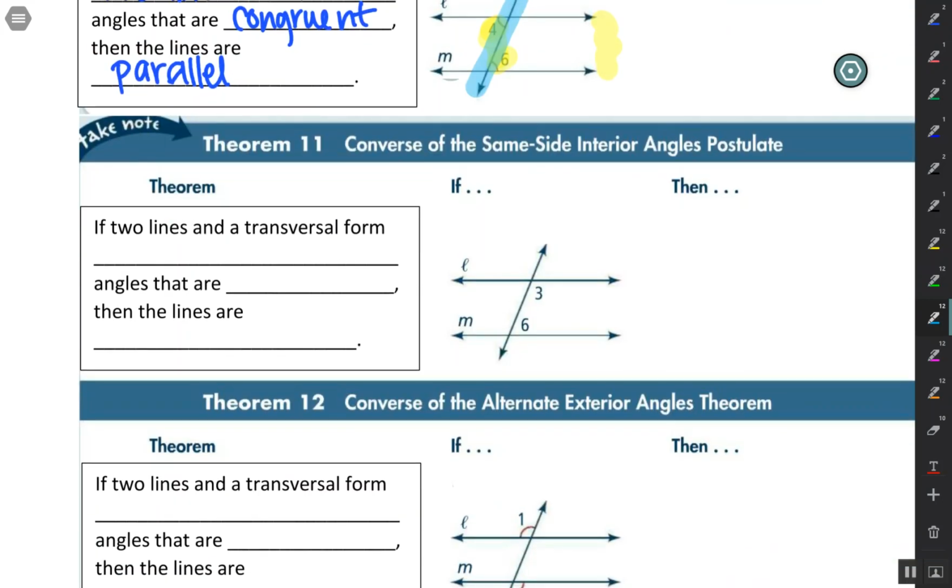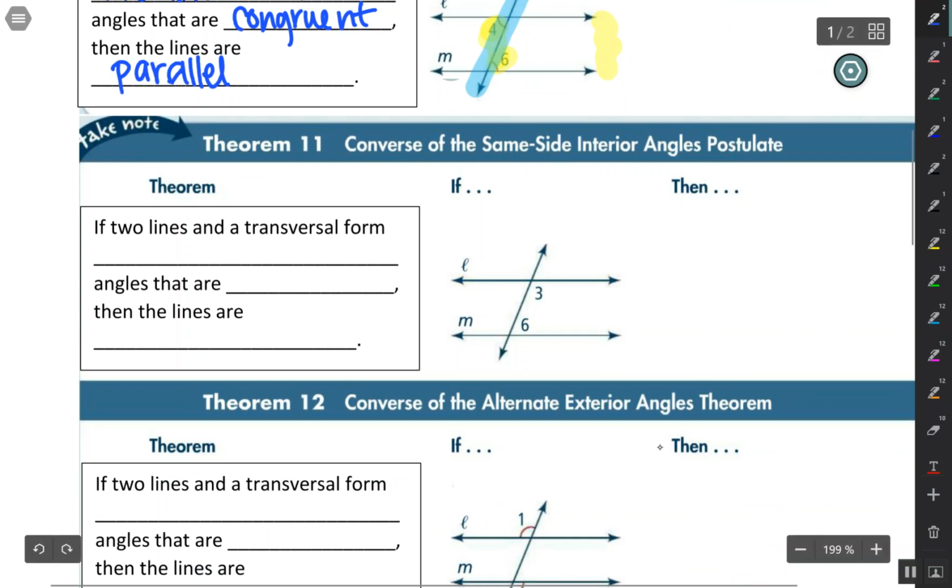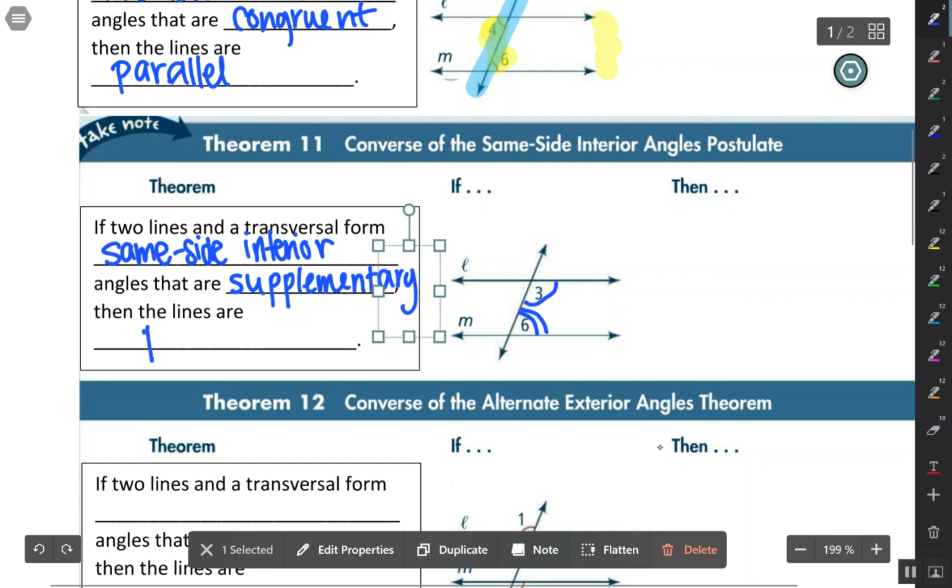Okay, then we have these same side interior angles. The converse of the same side interior angle postulate says if two lines in a transversal form same side interior angles. Now this time, same side interior angles, you may recall, are not congruent. They are supplementary. So if we find that they are supplementary, which means they add up to 180, then the lines are parallel.